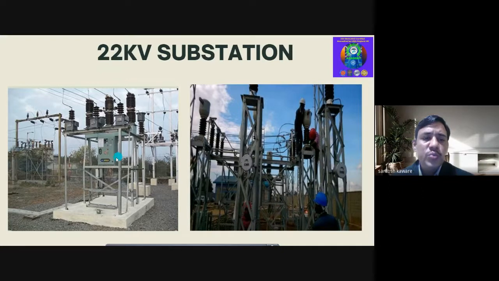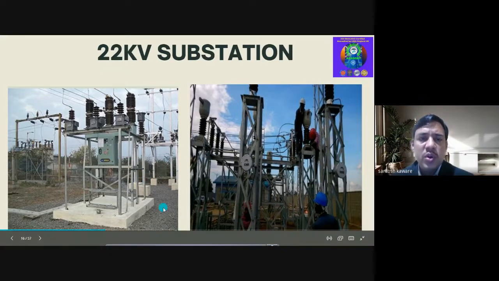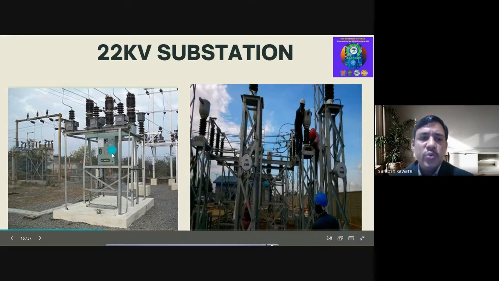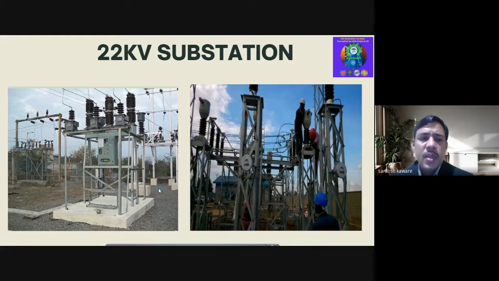Generally, vacuum circuit breakers are used at the high voltage side. But nowadays, even at a 22 kV substation, people prefer SF6 because of its many advantages.